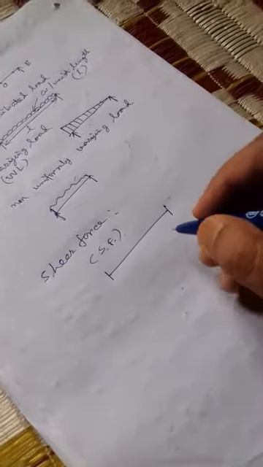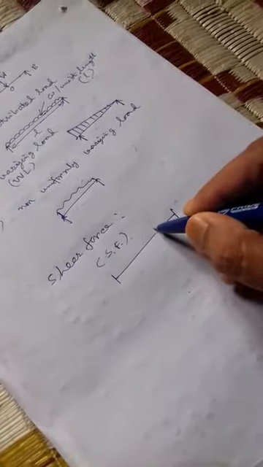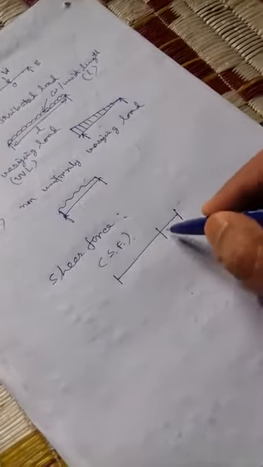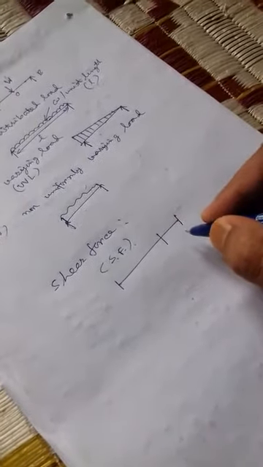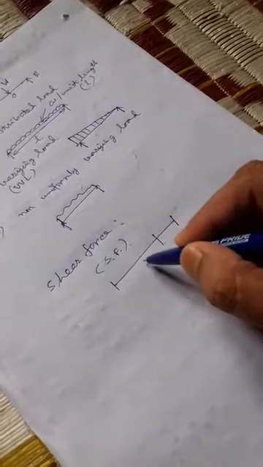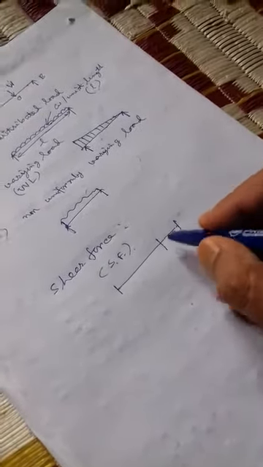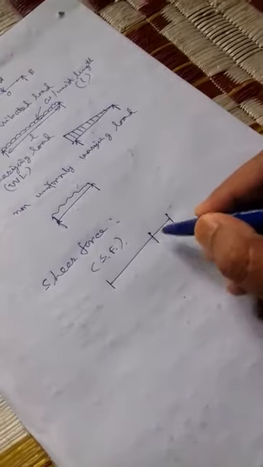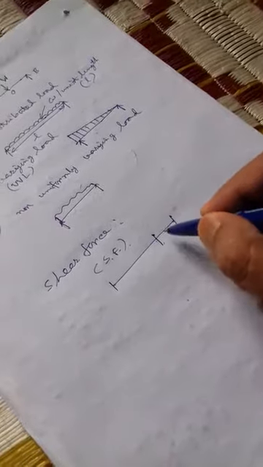If at a portion we take a cross section of the beam, then the right or left section of the portion will be unbalanced, because the forces are acting along the total length of the beam. So if we take a cross section of the beam, then the right or left portion of the beam must be unbalanced.